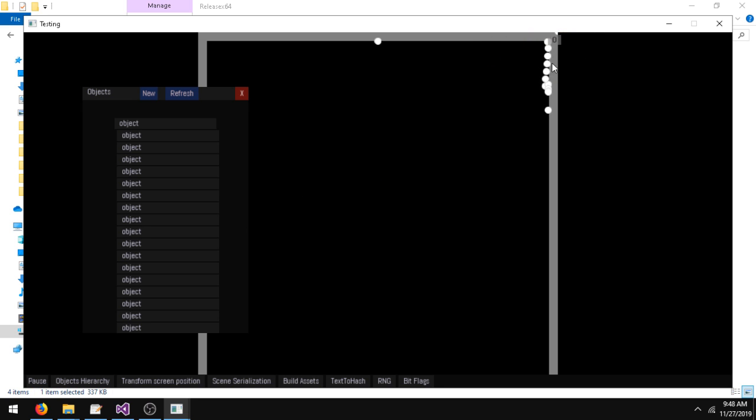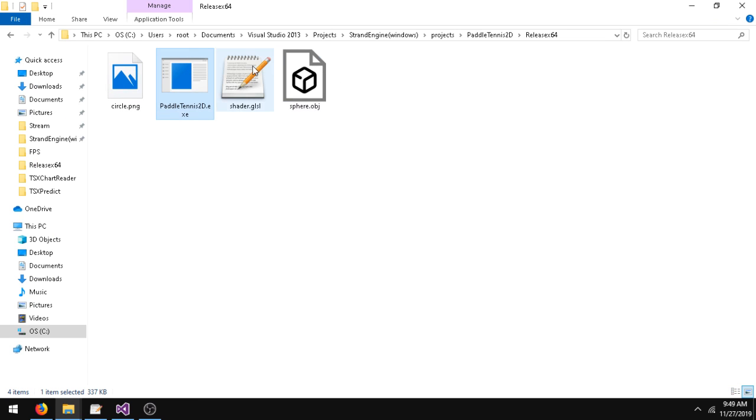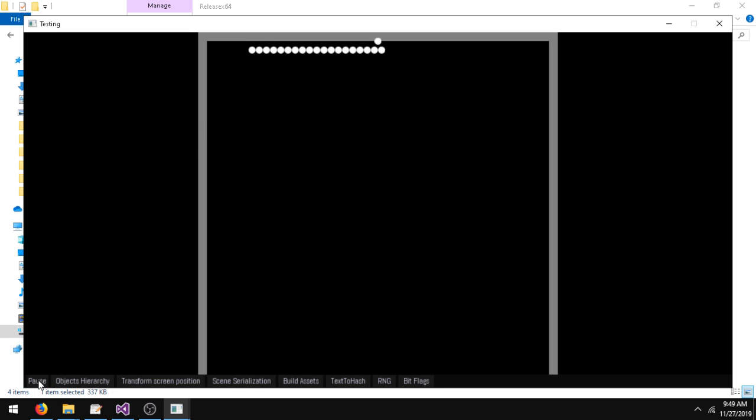Oh god. Oof. So as they move faster, they calculate more collision steps.